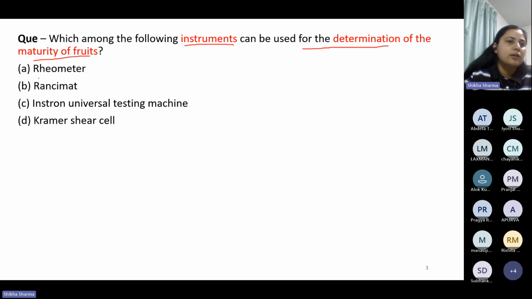Is it rheometer, Rancimat, Instron Universal Testing Machine, or Kramer Shear Cell? So maturity of fruits can be determined using which property? And for calculating that property, which instrument do we need?